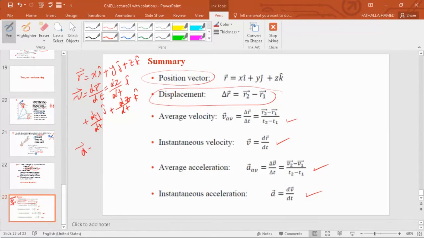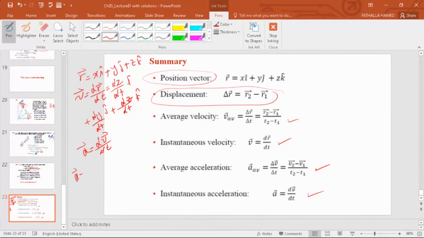Now, your acceleration is dv by dt. So it's basically d by dt of dx by dt i hat plus dy by dt j hat plus dz by dt k hat, meaning that a also is the second derivative of x with respect to t i hat plus the second derivative of y with respect to t j hat plus the second derivative of z with respect to t k hat.